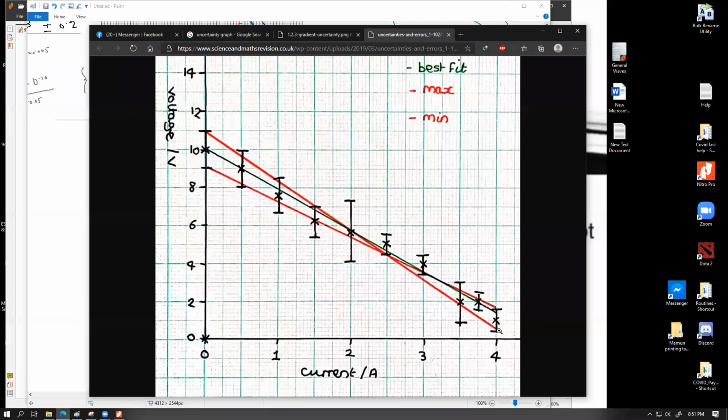which line can I choose? Let me just ask you, between these two worst fit lines, maximum or minimum, the red lines, which one is missing at least one of the error bars? Can anybody tell me? Take a good look.